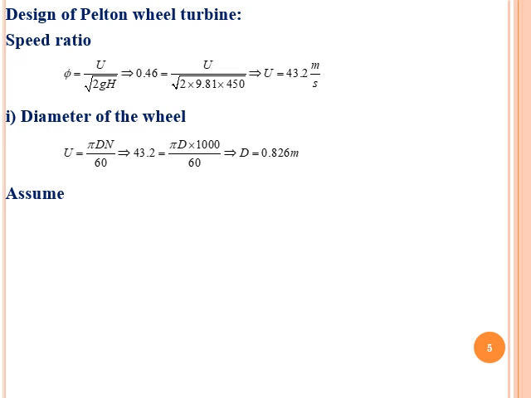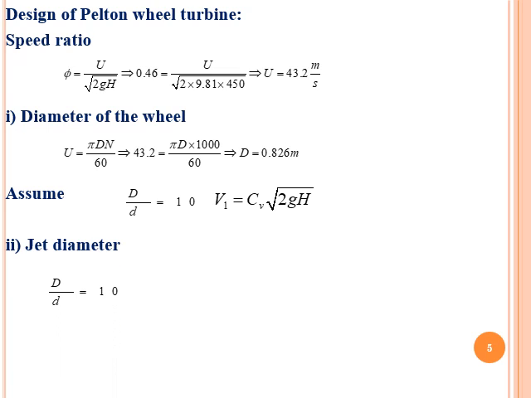Now in order to find the diameter of the jet, one assumption is made here: the ratio of the diameter of the wheel to the diameter of the jet is equal to 10, and V1 equals C_v square root of 2gH. These are the two assumptions made. So now the jet diameter.